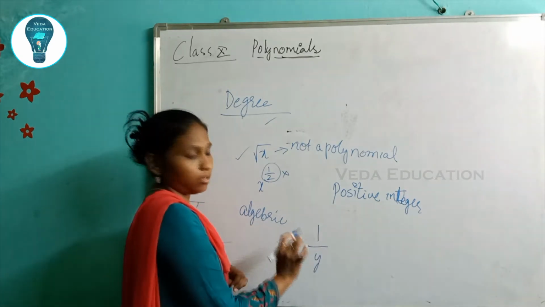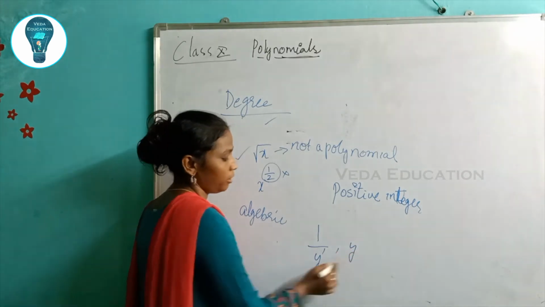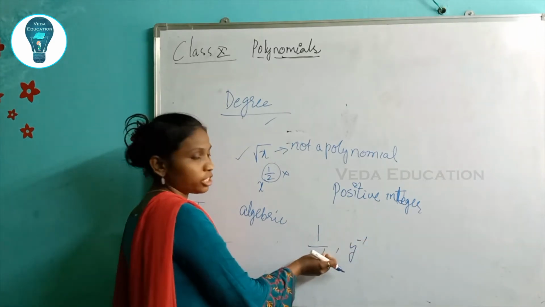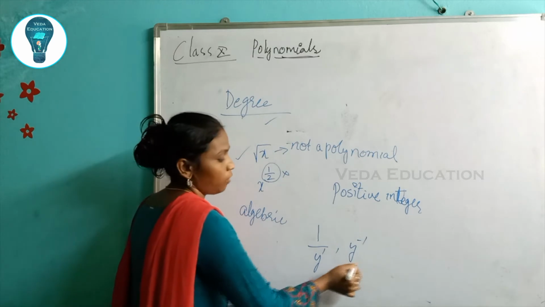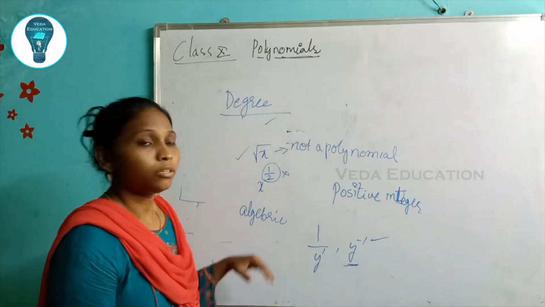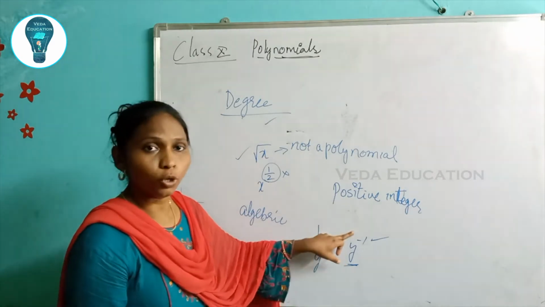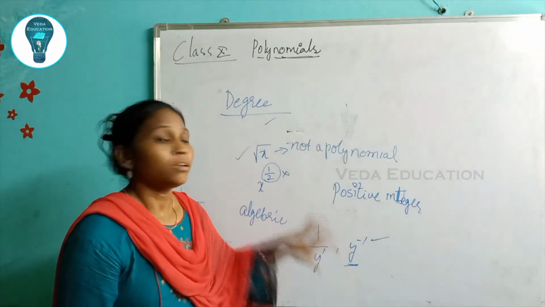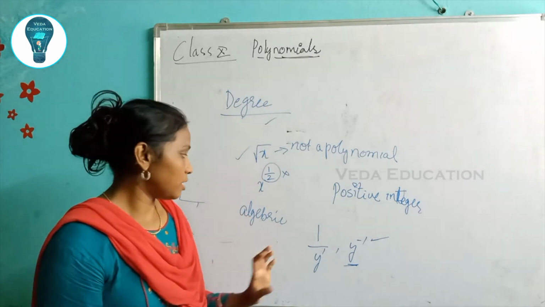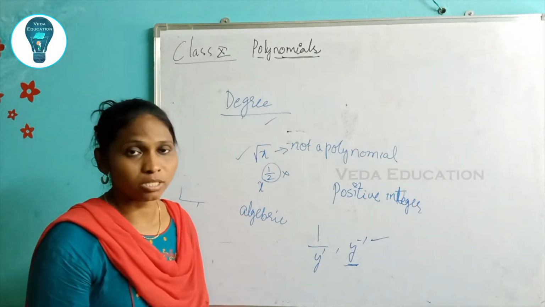When you write it in the numerator, y power 1 moves and the exponent changes sign: when moving from denominator to numerator, the exponent changes its sign. Now what is the exponent? Minus, so it is a negative integer. What is the condition for considering a polynomial? It should compulsorily be a positive integer. It is not, so it is not a polynomial, it is an algebraic expression. All algebraic expressions cannot be polynomials, but all polynomials can be algebraic expressions. Got it?